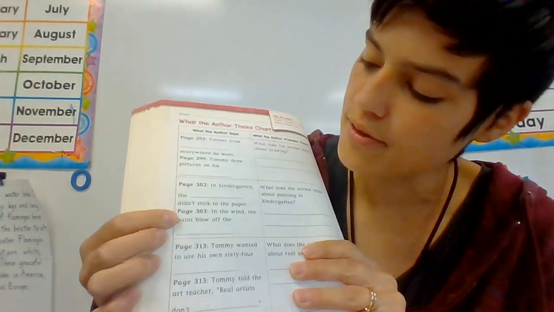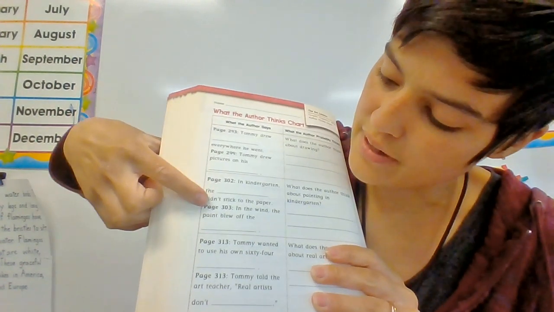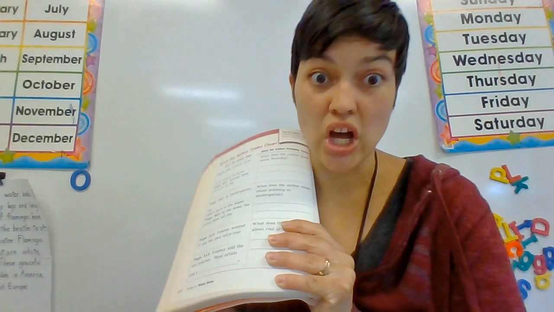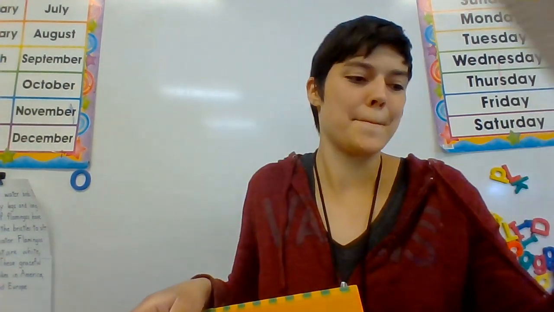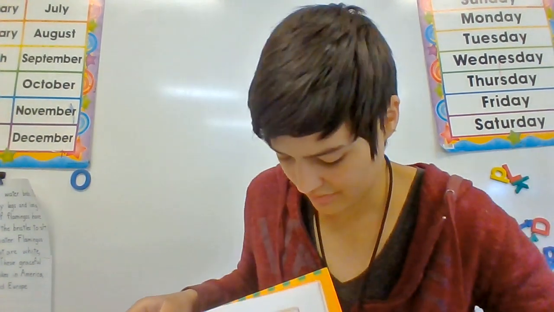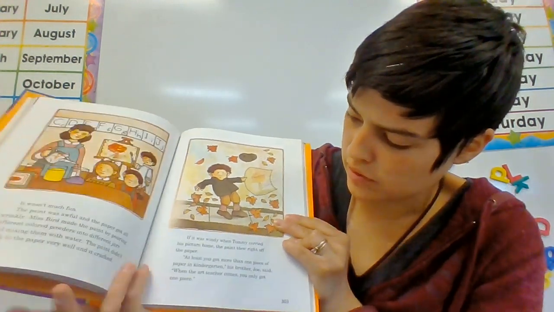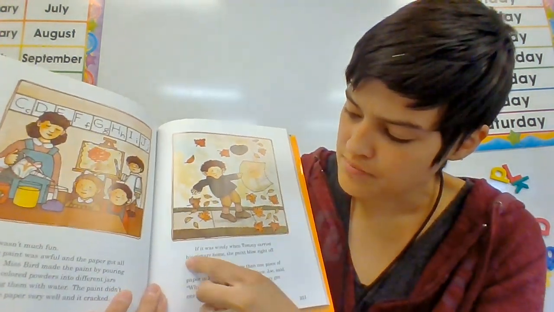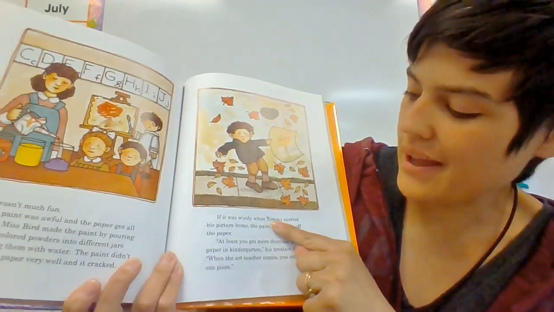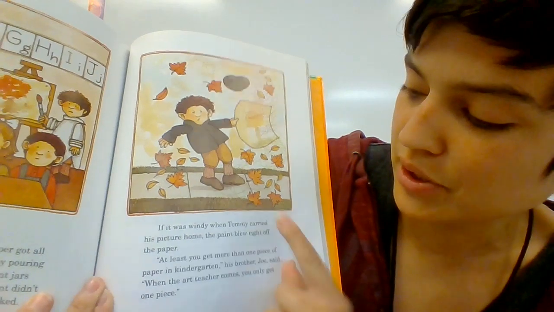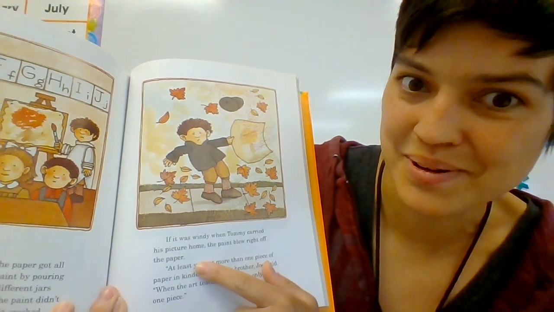Let's look at what the author says on page 303. In the wind, the paint blew off the what? If it was windy, when Tommy carried his picture home, the paint blew right off the paper.